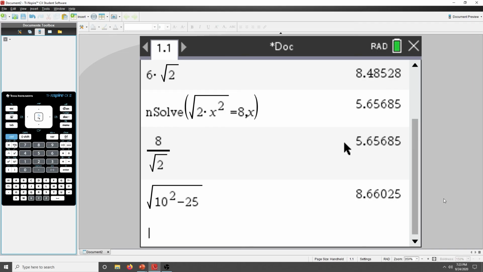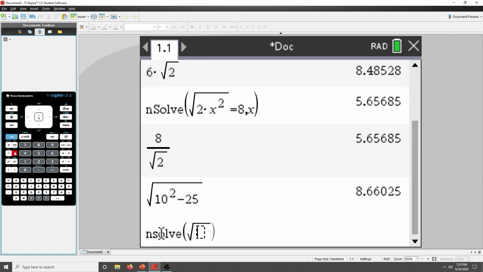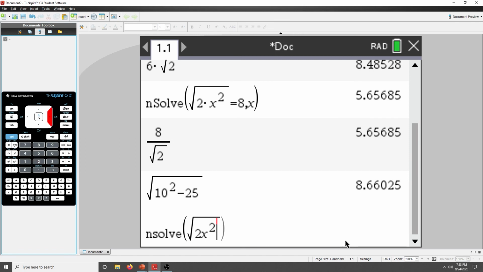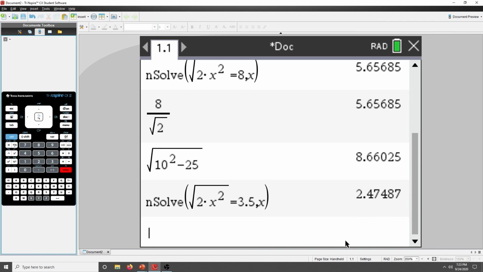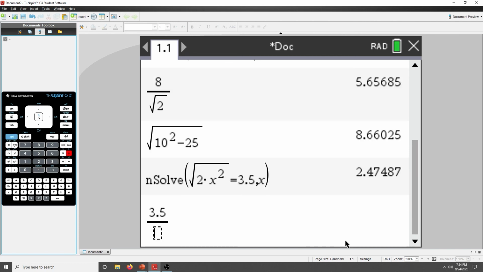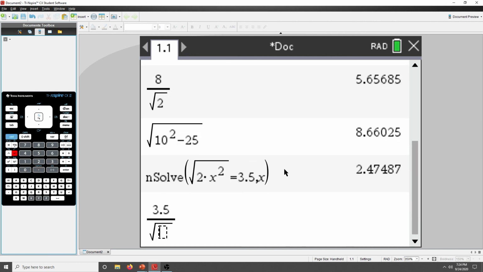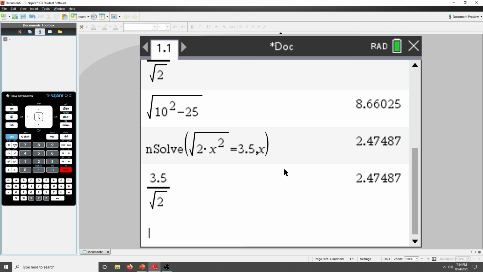And if we go in and use nsolve, root 2 x squared equals 3.5, comma x, we get 2.47 yada yada. And if we divide 3.5 by root 2, we'll get the same answer. So that's just to show you that it also works.